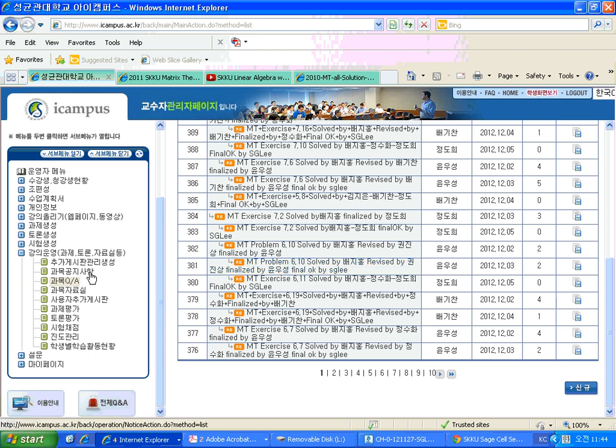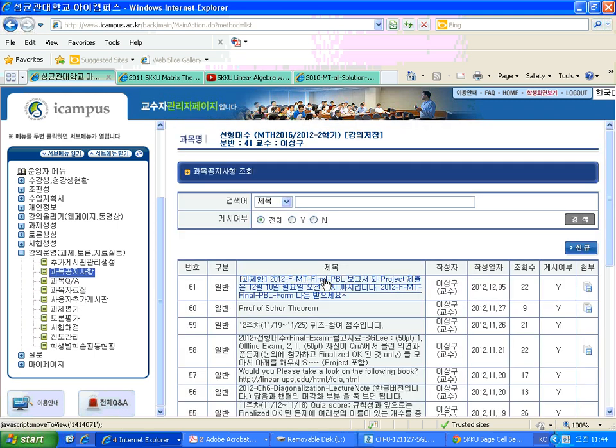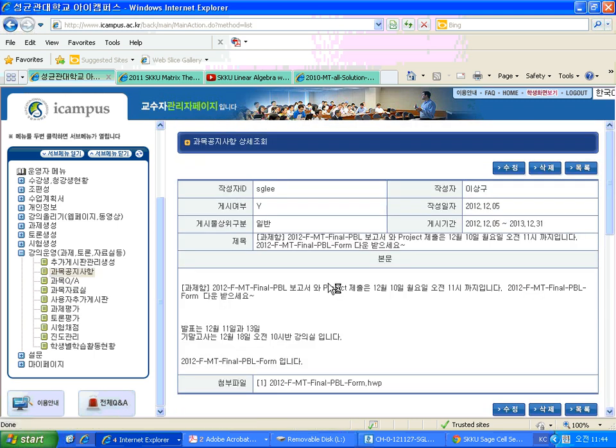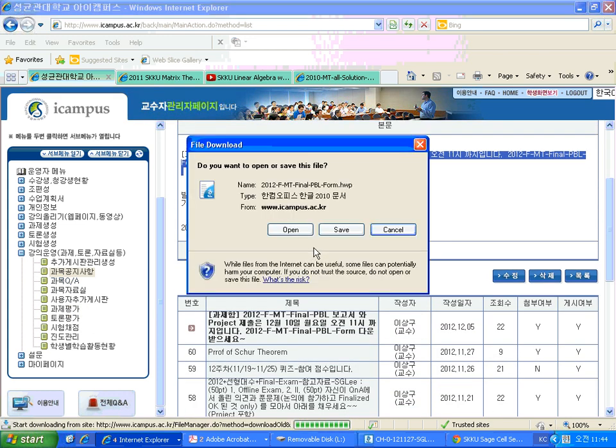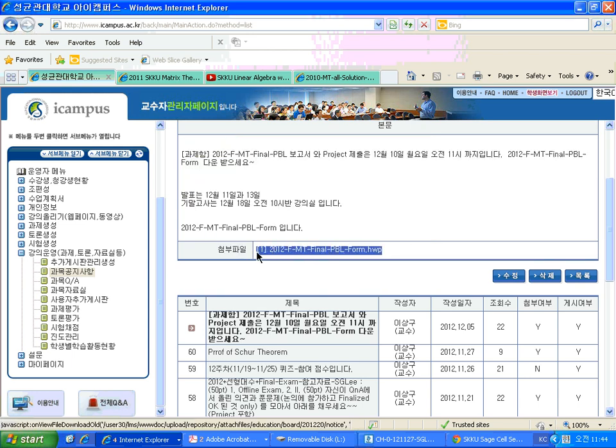I made the homework box in this 과제함 box, so you're supposed to go in, and I uploaded the form of the final PBL.